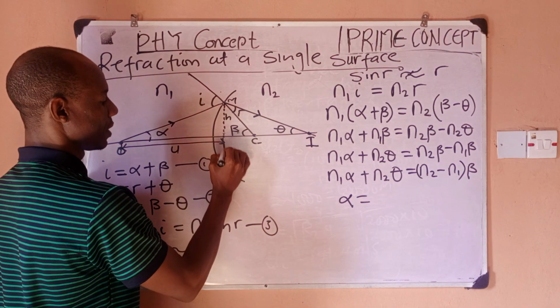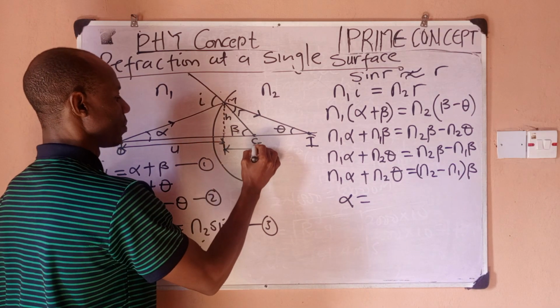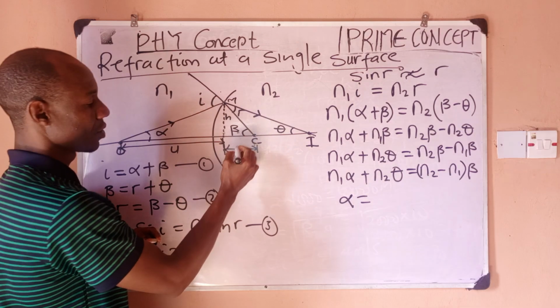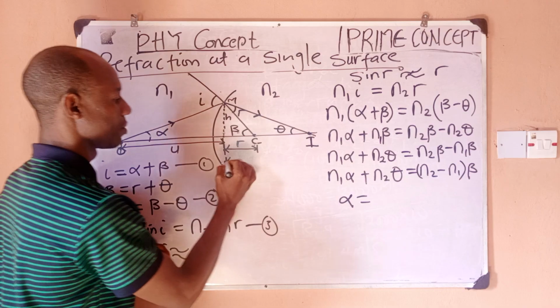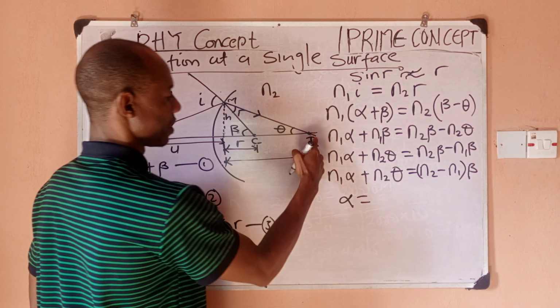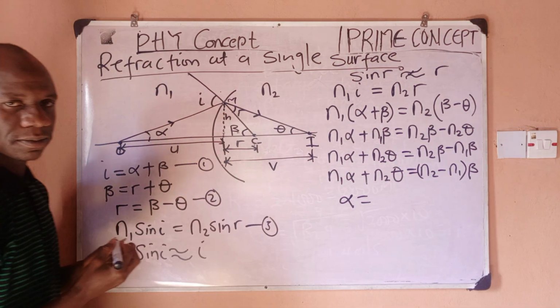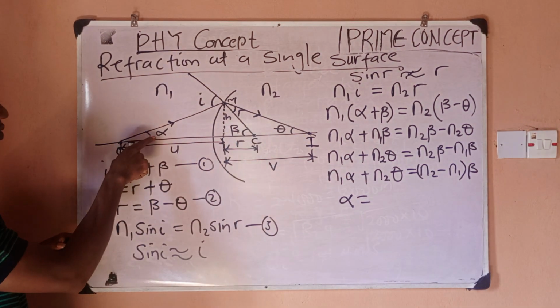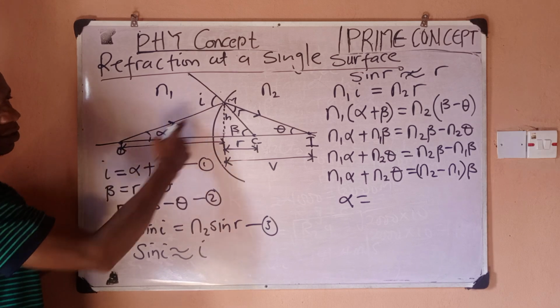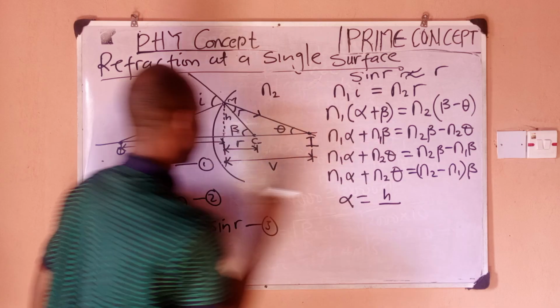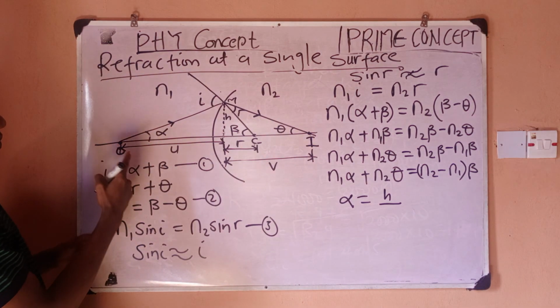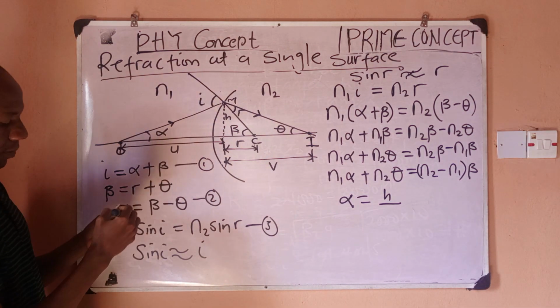Then the distance from here to this point C, remember C is your center of curvature, so this is R, the radius of curvature. Also, the distance from this point to this point, since this is our image, is V. So if we consider sine alpha, it's going to be the opposite, which is the height h, over the hypotenuse.